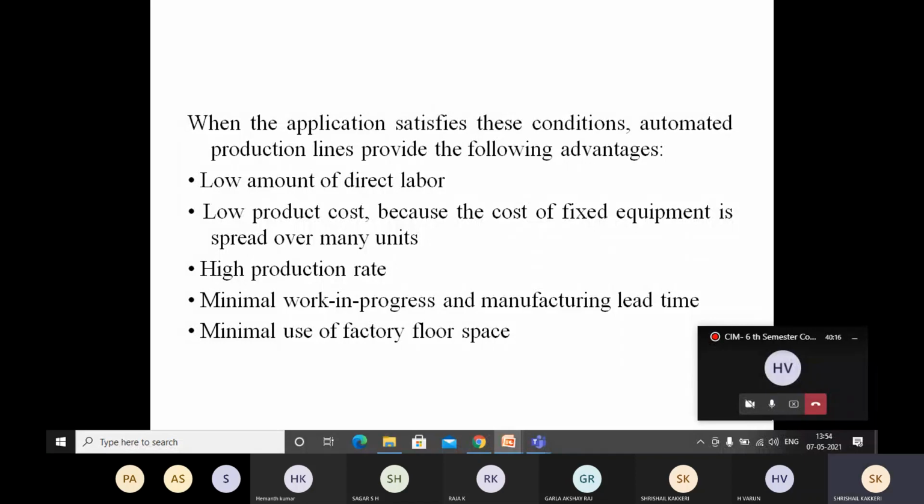That means a single workstation will be doing the work of two or more workstations. So the amount of space required for two different machines will be reduced, and with parallel and multiple operations, definitely the factory floor space will be reduced.